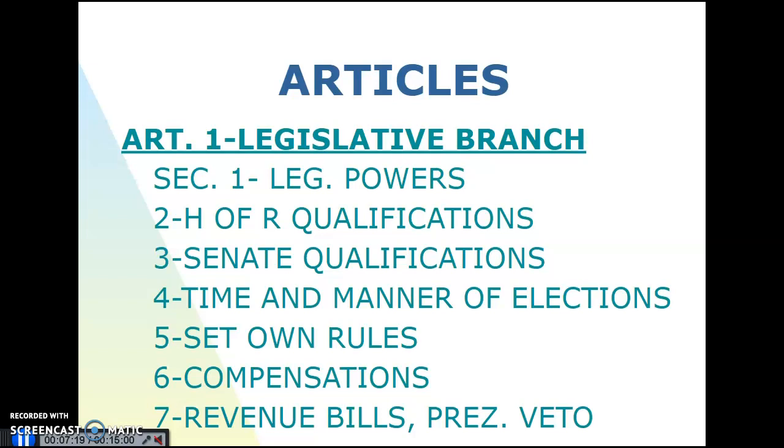If Congress passes a law, it has to go to the president to get signed. The president can veto that, which means he can make it not a law. Okay? But it doesn't stop there. It can go back to Congress, and Congress can override a presidential veto with a two-thirds vote in each house.